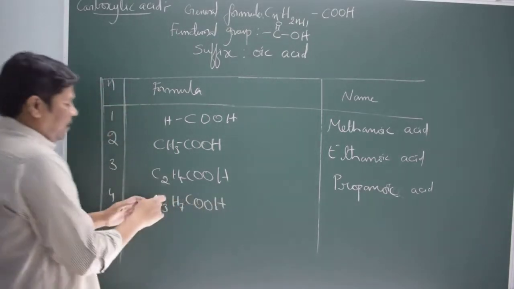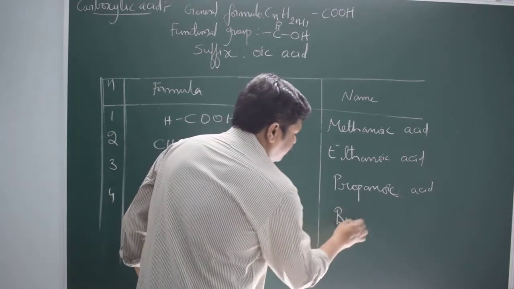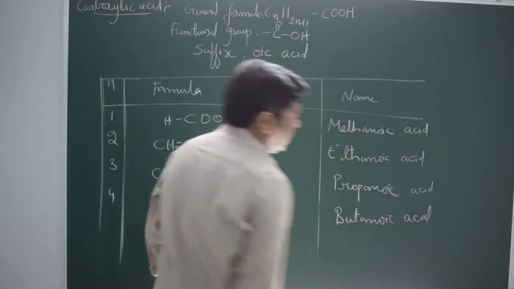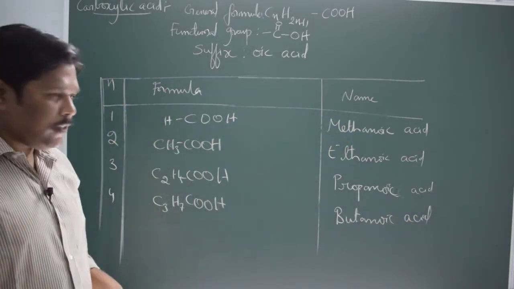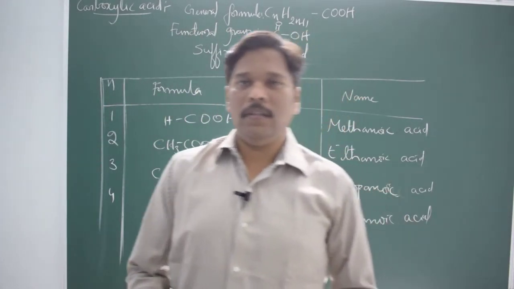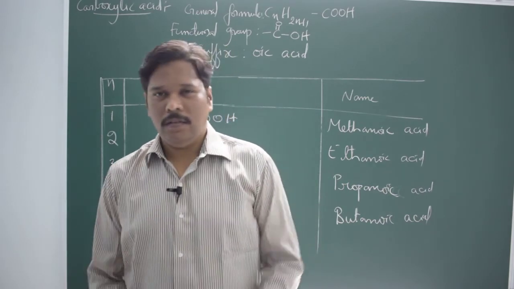Count the number of carbon atoms: 3 plus 1, 4. This is butanoic acid. This is how it follows. Pentanoic acid by adding C4H9COOH. This is about the nomenclature of the carboxylic acids. Thank you very much, everyone.